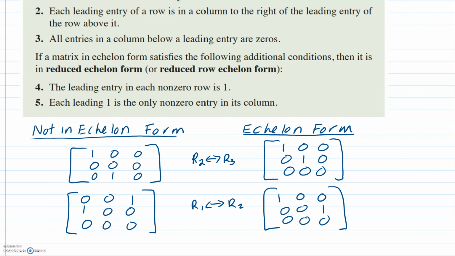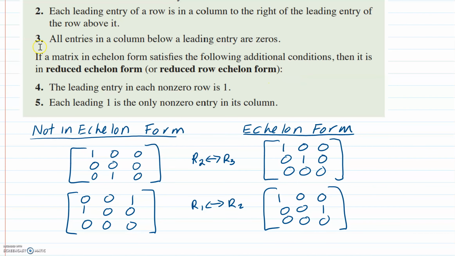So believe it or not, this is still in echelon form because the leading entry in the second row is to the right of the leading entry in the first row. And you can see if there are any rows of zeros, they are at the bottom still, so it still satisfies number 1.